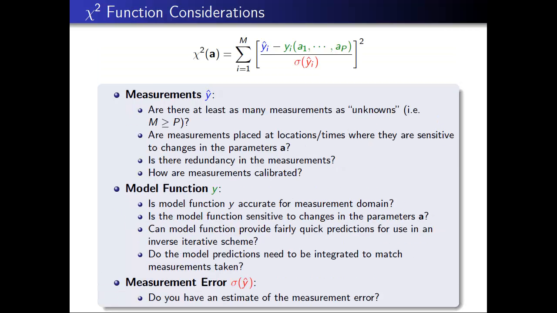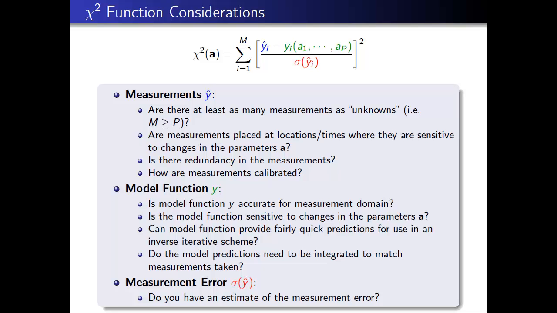So let's break this down a bit as far as the different components. The y-hat are your measurements. We want at least as many measurements as unknowns, so we want m, the number of measurements, to be greater than or equal to p, the number of parameters that you're searching for.